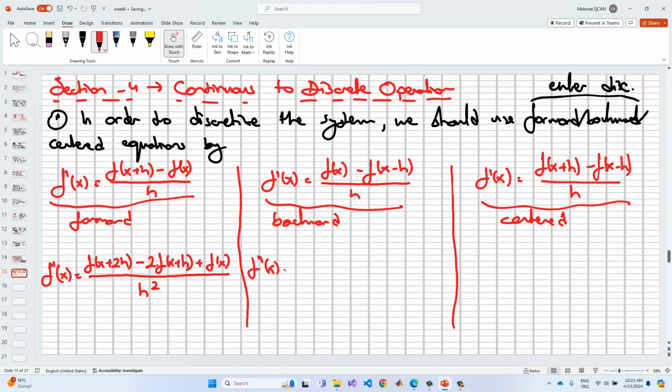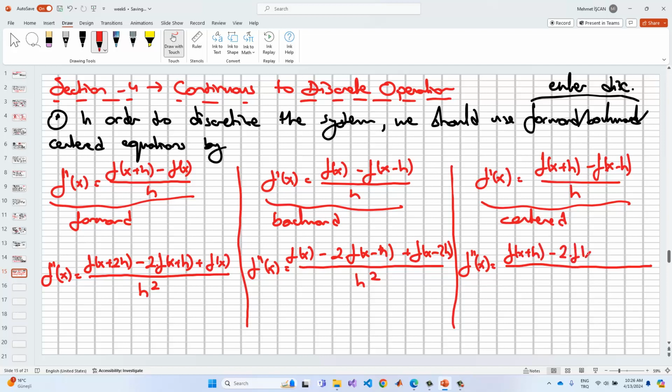Or in the backward notation, f(x) minus 2 f(x minus h) plus f(x minus 2h), divided by h squared. And we can also expand the terms in the centered form: f(x plus h) minus 2 f(x) plus f(x minus h), divided by h squared.